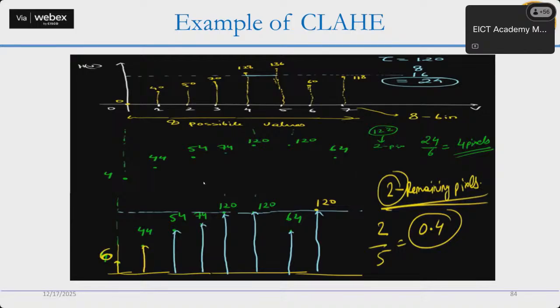So here you can see, when 4 is added to 2, it has basically become 6. This is the new level of the value. So, is it understood?